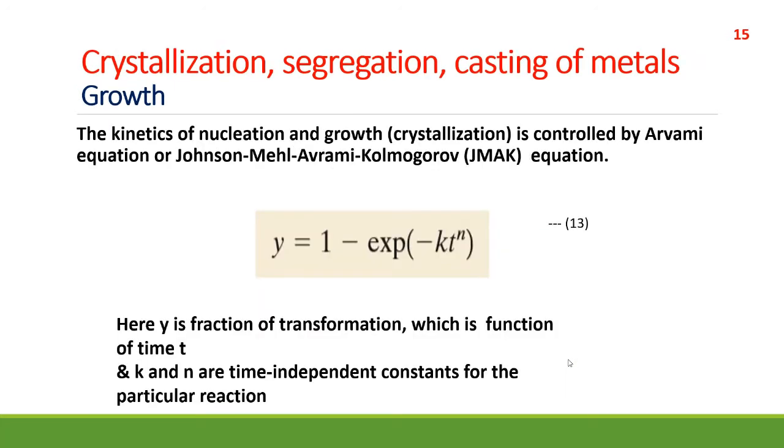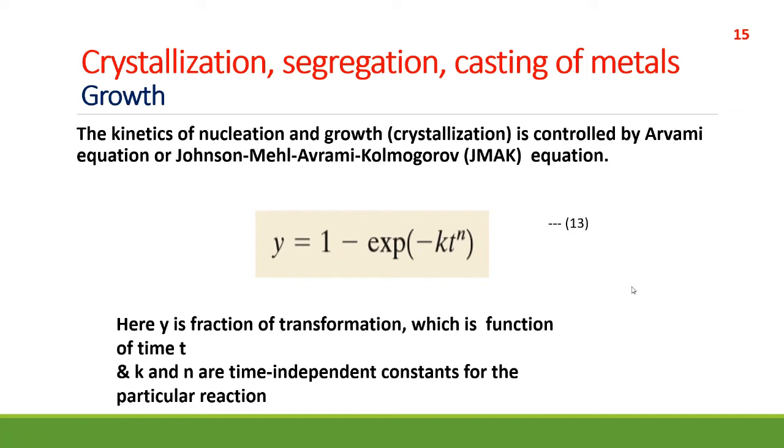Now let's see on what factors both crystallization and nucleation depend. The kinetics of crystallization is given by the JMAK equation, or so-called Avrami equation. Here you see equation number 13, which is known as the Avrami equation, and it's very important for our subject.